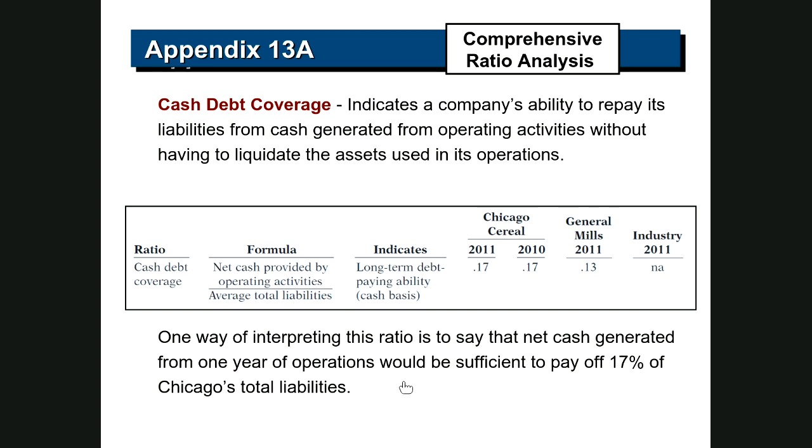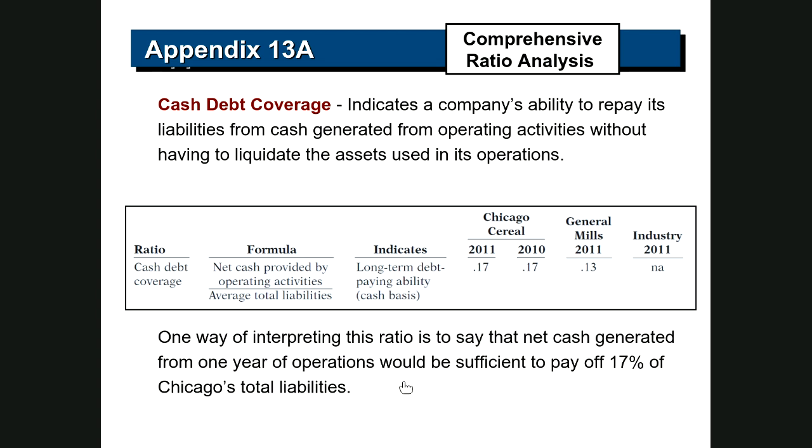Okay? Again, this total liabilities is not due right now. Maybe there is a 5-year loan, right? You have to pay that loan back in 5 years, right? So the operating cash is only able to pay 17% of total liabilities at any given point in time.